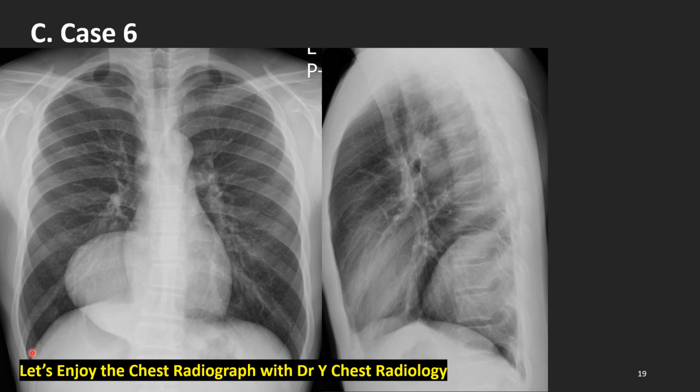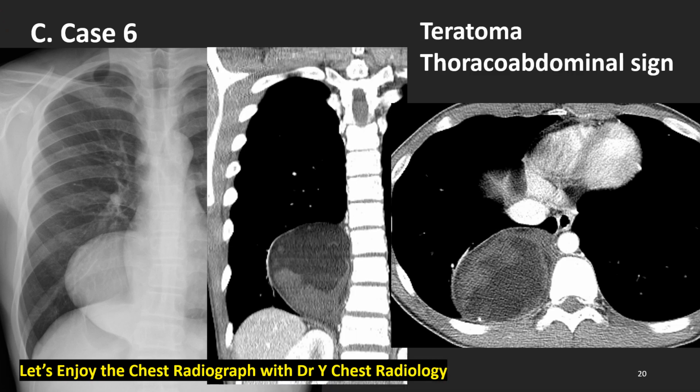Yes. With these two coronal and axial contrast enhanced CT, you can now easily, comfortably understand why this mass looked like this on the chest radiograph. Yes, this is in a thoracic location. Actually, the diaphragm on the chest radiograph should be here like this.